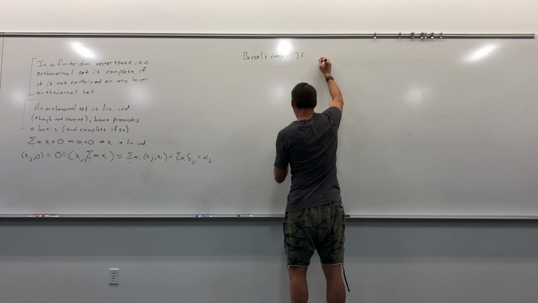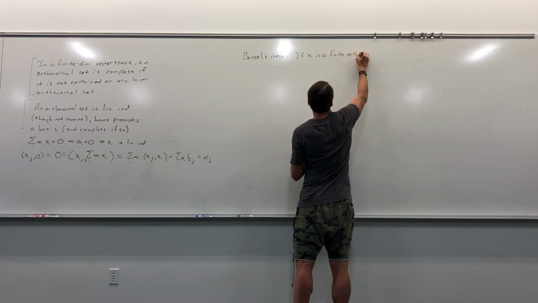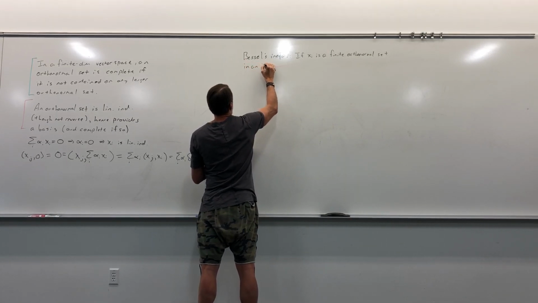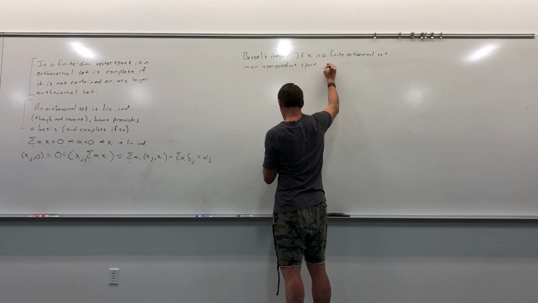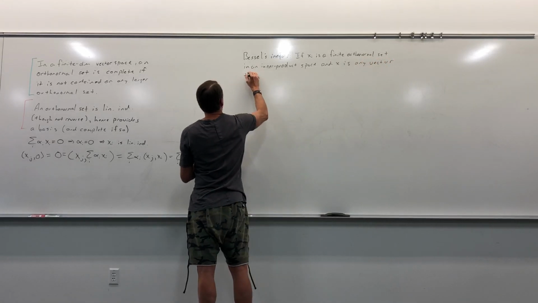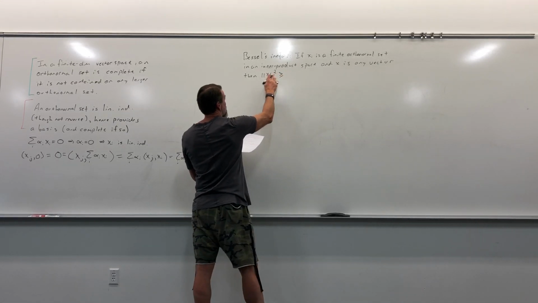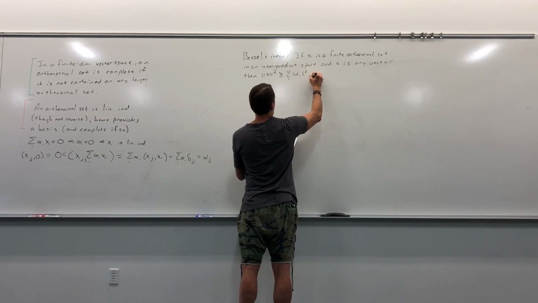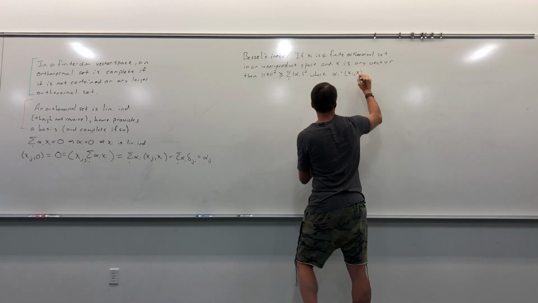If xi is a finite orthonormal set in an inner product space, and x is any vector, then the magnitude of x squared is greater than or equal to the sum over i of alpha i squared, where alpha i can be defined as the inner product of xi with the vector x.